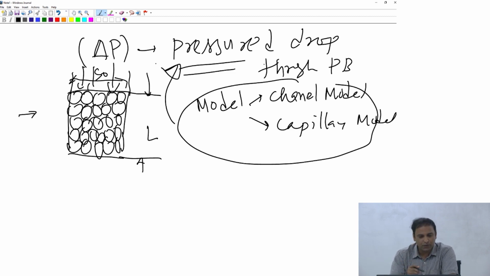So what we're going to do is say that you have this packed bed. Now, imagine that the liquid is flowing through this column, and for a minute forget about the particles. Let's say that the liquid is flowing through this column.